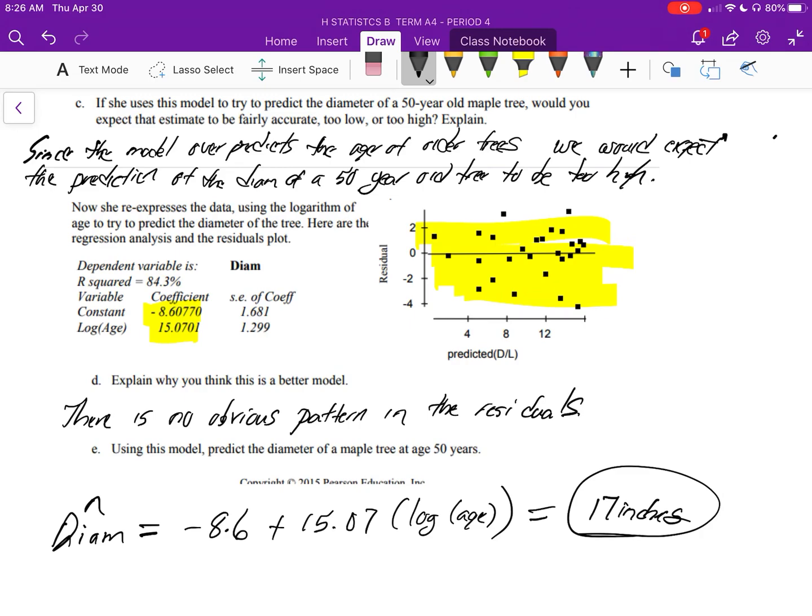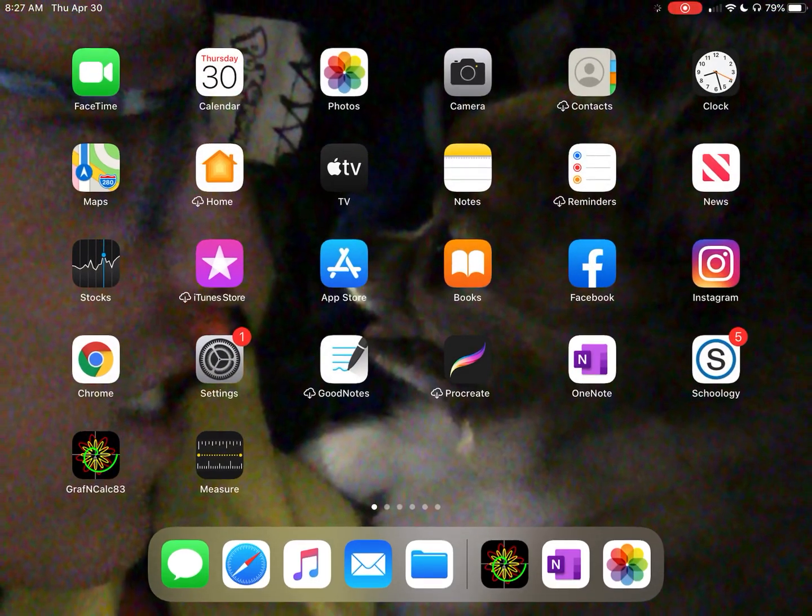Okay. So again, if I wanted to do that, we'd have to type in the log of the age. So this would be negative 8.6 plus 15.07 times the log of 50. And if I plug that all into my calculator, I'm going to get 17 inches. Do you not believe me? I will show you.